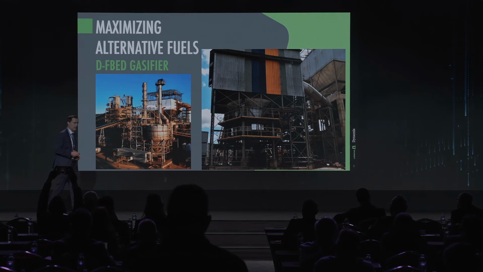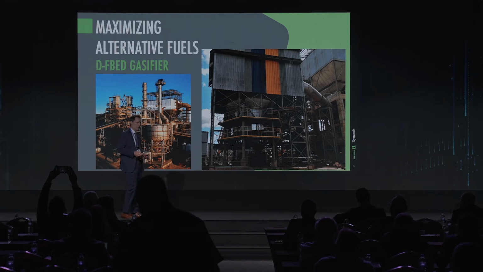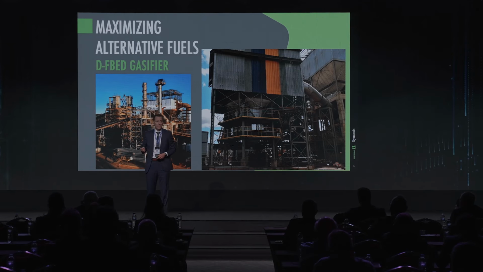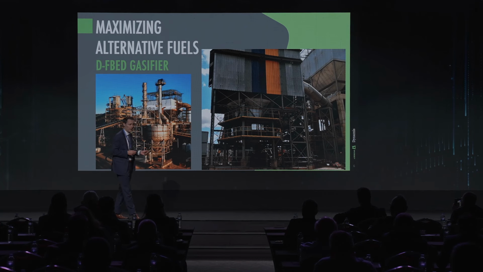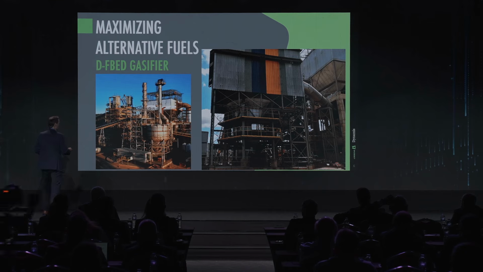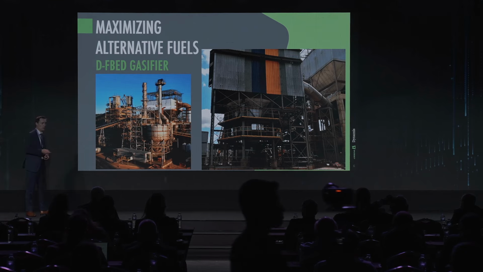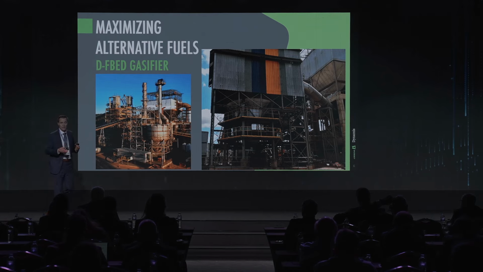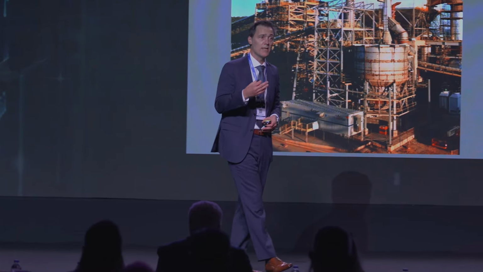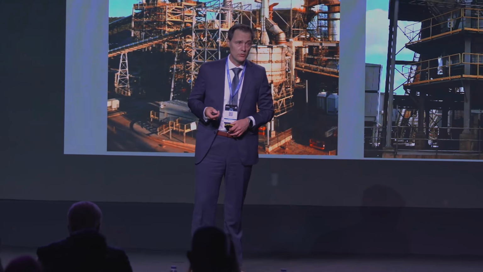So, as not everyone is familiar with this equipment, let's start describing it. This equipment is the fluidized bed, and it uses a bed of sand to gasify solid fuels.